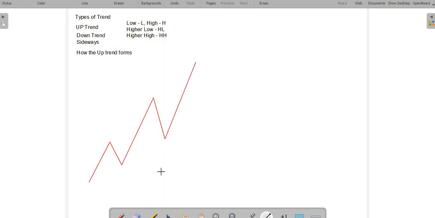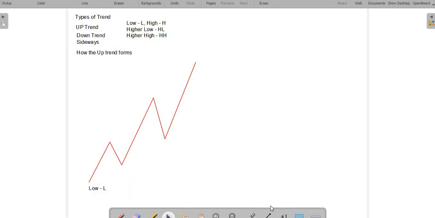This is the way the uptrend forms and goes, as you may be seeing in charts. How we find it in a logical way is very important. I'll mark the starting point of the trend as low, which I will mark L.